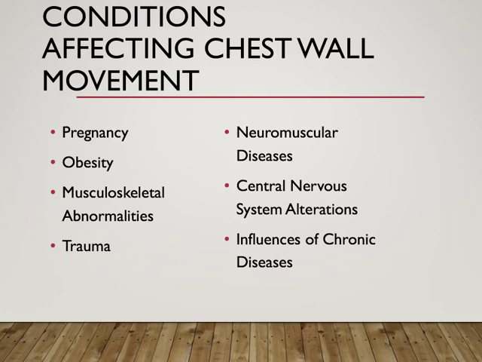Conditions affecting chest wall movement: pregnancy, your inspiratory capacity is decreased due to the abdomen pushing upwards on the diaphragm, that little baby and everything pushing against the diaphragm. Obesity is a huge problem, like we talked about.